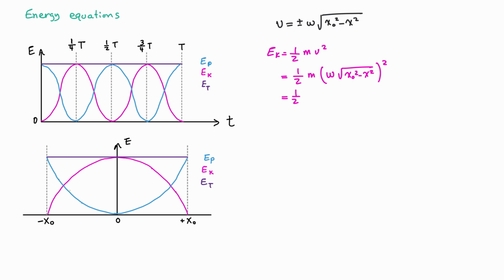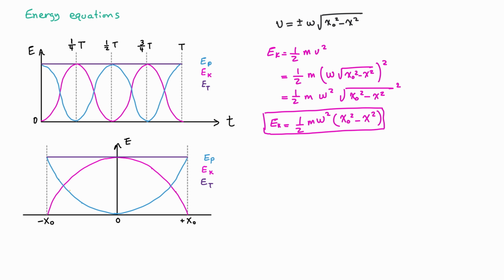This would mean that this is 1/2 mass omega squared times amplitude squared minus position squared, and it ends up being 1/2 times the mass times angular velocity squared times amplitude squared minus position squared. And this is my kinetic energy of the particle at any position.